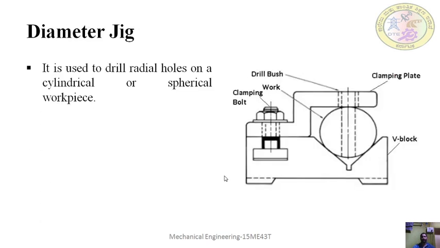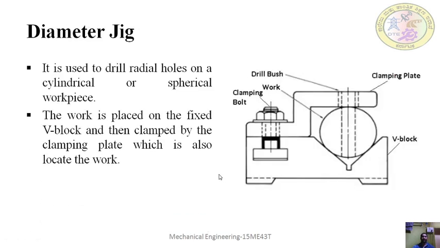Next is the diameter jig. It is used for making holes in a cylindrical or spherical workpiece. If you want to do the drilling operation on a cylindrical surface or on a spherical workpiece, then we use a diameter jig. It consists of a V block in the bottom portion, and in the top portion it has a clamp which also has the drill bush.